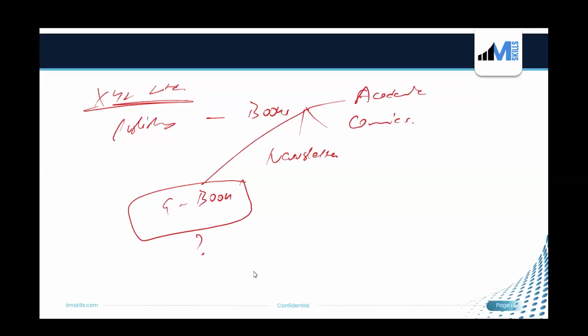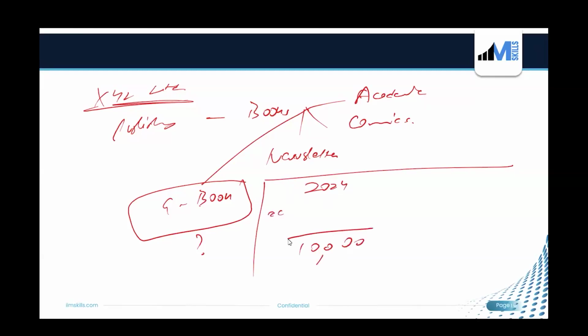So, for example, let's say they have been given certain data that in 2024, their total revenue was, let's say, 10,000 rupees. I'm taking some easy numbers, out of which the academic books were 5,000, the comics were 3,000, and the newsletter was 2,000.